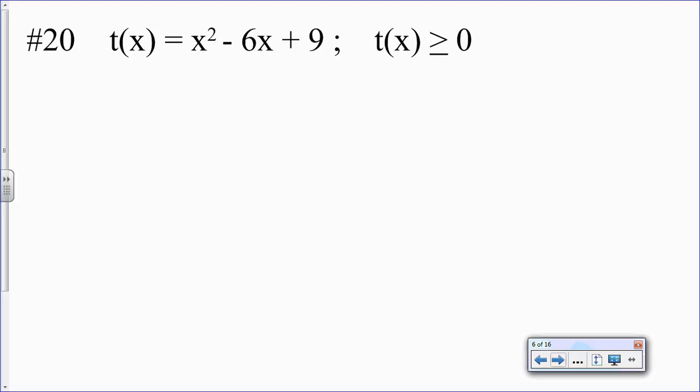All right, so find the zeros. Factor if possible.